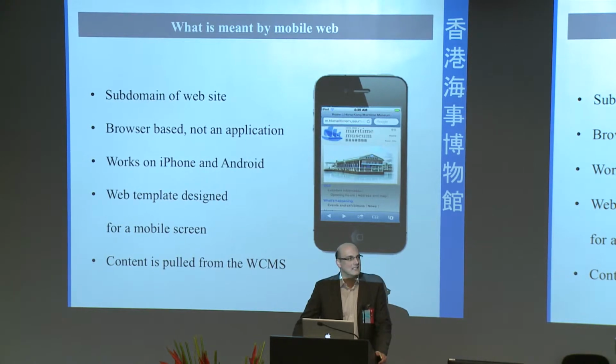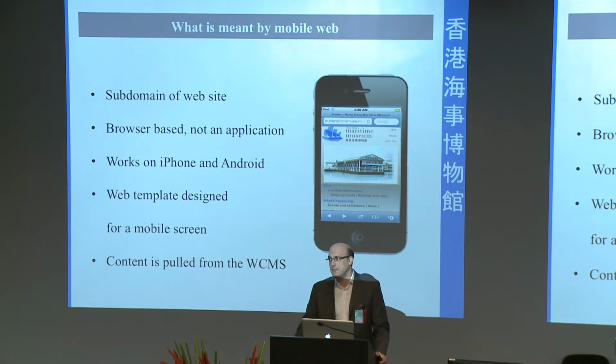The second thing is that the mobile web is activated through your browser. It is not an application. So an individual does not have to actually download content to the smartphone device. The only way to access this information is to have that internet connection.